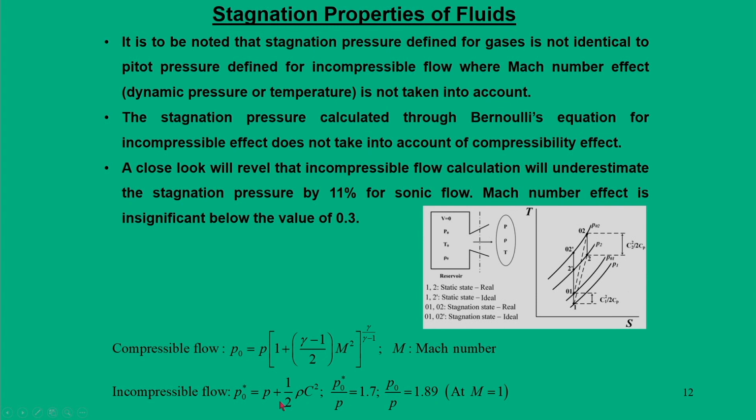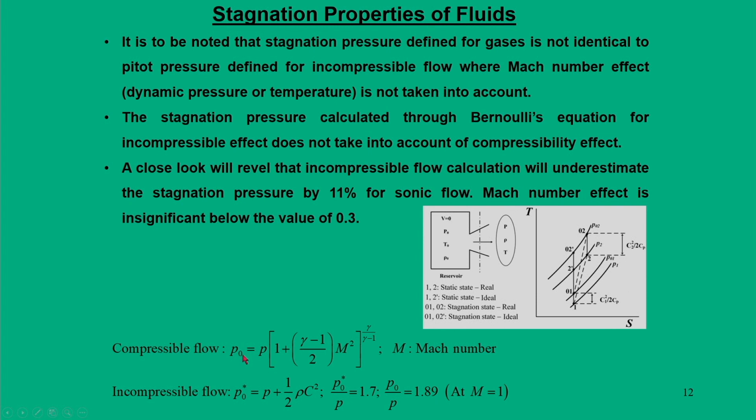But their main assumption was that the fluid was incompressible, where P is the static pressure and half rho C squared is the dynamic pressure. At that time the effect of Mach number was not taken into account, because when the flow is incompressible, the role of density is insignificant. But when you deal with compressible flow, the density changes are so significant that they also change the stagnation pressure value.